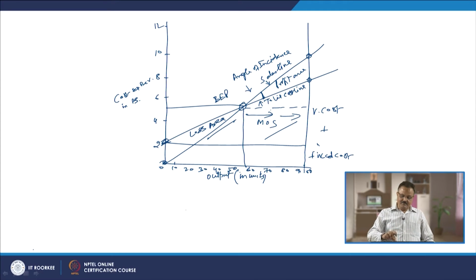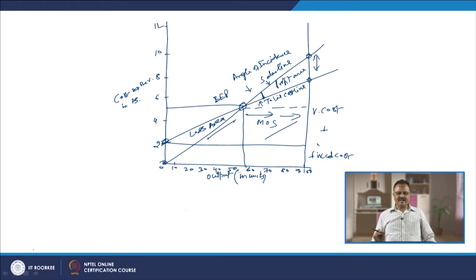If the gap between these two lines is as much as possible, the angle of incidence of profit will be that much bigger, right. The farther apart these two lines are, the bigger the angle of incidence of profit, because the cost is very much under control and sales are going up.